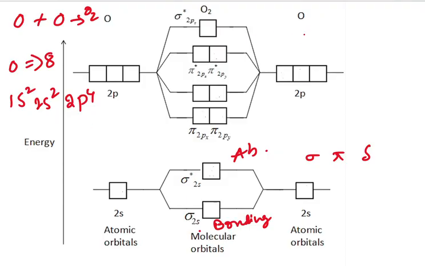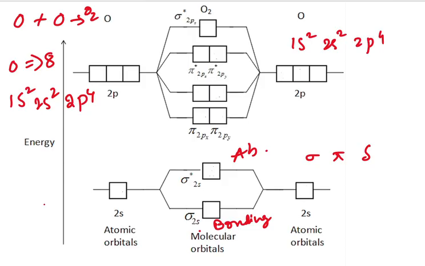In another oxygen atom also there are 1s2, 2s2, and 2p4 orbitals. So atomic orbitals having the same energy and the same phase overlap. That means 1s2 overlaps with 1s2, 2s2 overlaps with 2s2, and 2p4 overlaps with 2p4.